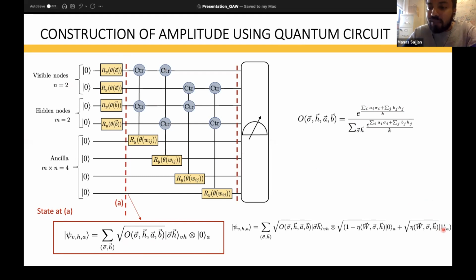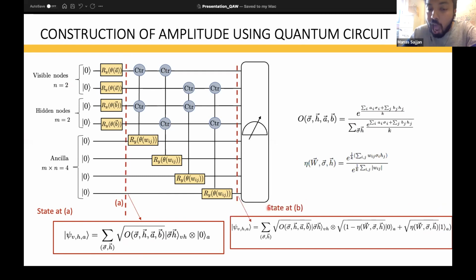And we see that if the ancilla register after the point at state B is now measured and allowed to collapse in state 1, that is, only the measurements where the ancilla registers have collapsed in state 1 are post-selected, then we have the product of this function and the function eta, which is defined as this, and that happens to be the exact distribution of the amplitude field that we want.